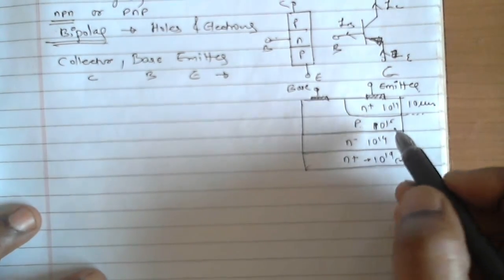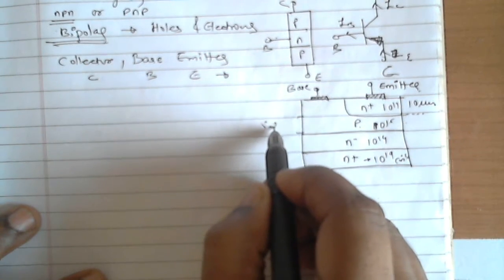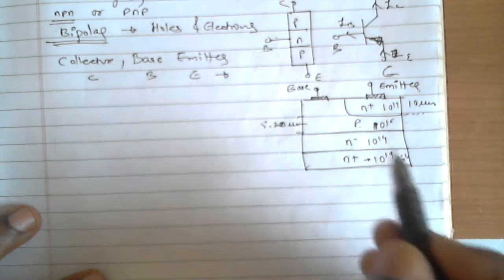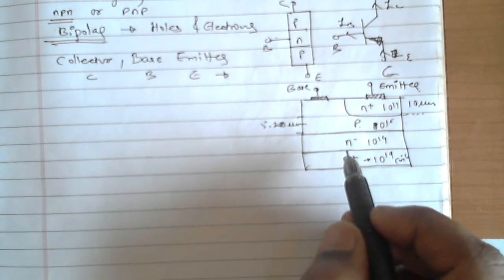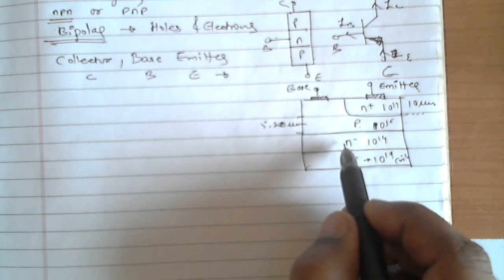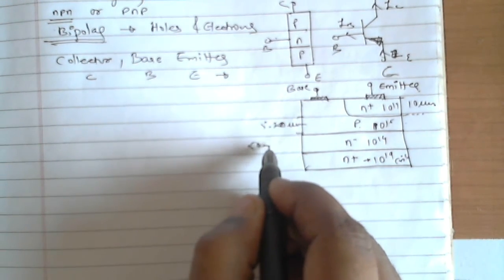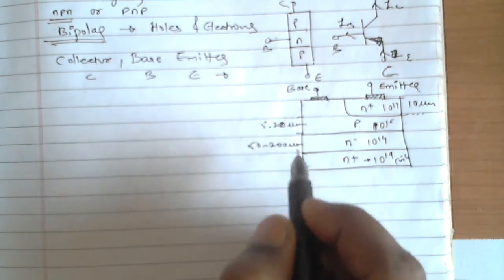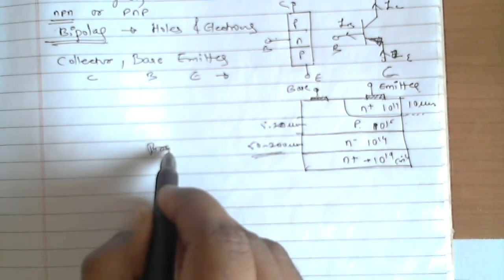For the base the general thickness is 5 to 20 micrometer. This drift region is also called the collector drift region. This is the extra layer in a power transistor. It is 50 to 200 micrometer, and its width depends on the breakdown voltage.